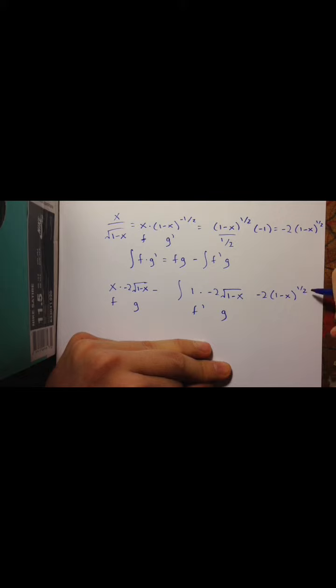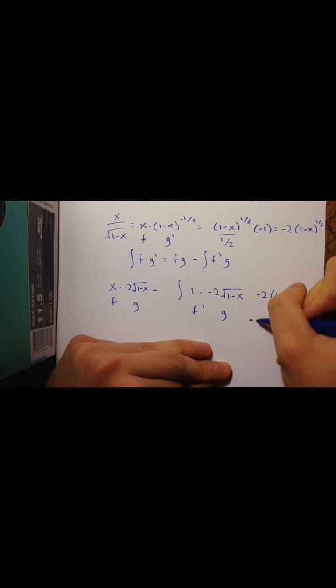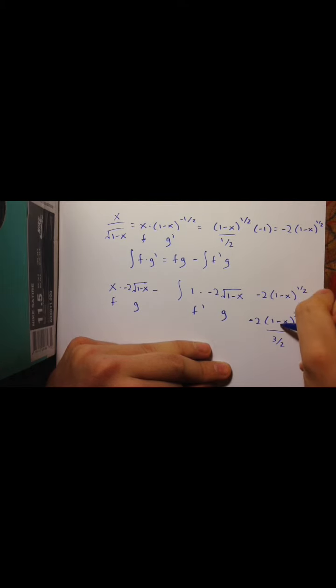So let's just go ahead and do the same thing. So add 1 to the exponent. So we have negative 2 times 1 minus x to the 1/2 plus 1. That's 3/2. And then divide this whole thing by the exponent right here, so divided by 3/2. And then, of course, we have to take into account for this negative. So again, we'll multiply by negative 1.